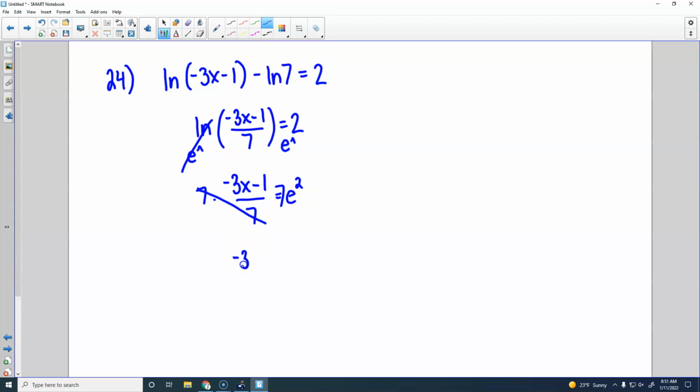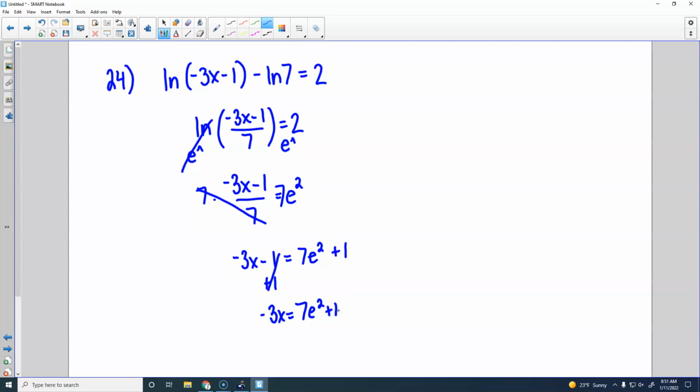We'll get negative 3x minus 1 equals 7e squared. What would come next after that, Brian? Very good. So we got negative 3x equals 7e squared plus 1.